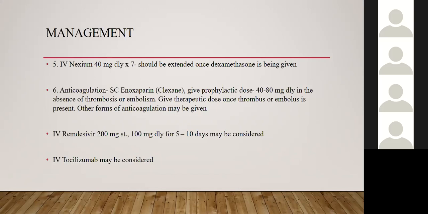We repeated the CTPA. There was still some form of PE there, but the patient was now breathing fine. In this case, if we had decided to use thrombolytics, it would have been allowed because the patient had COVID and also had the very huge saddle embolus. So thrombolytics would have been allowed, but we didn't.